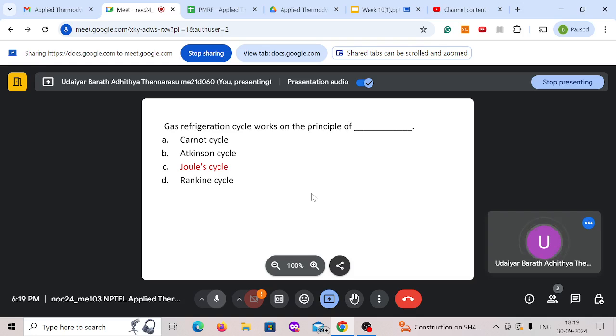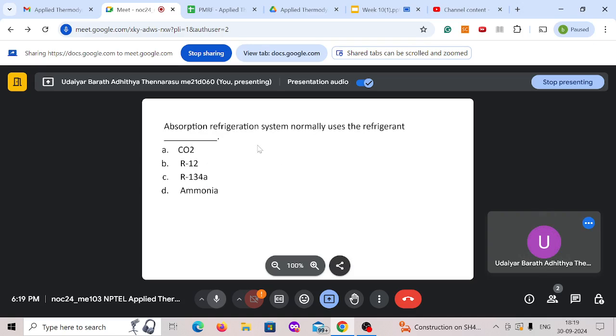So the answer is C, Joule cycle. You see, it's a reversed Brayton cycle.